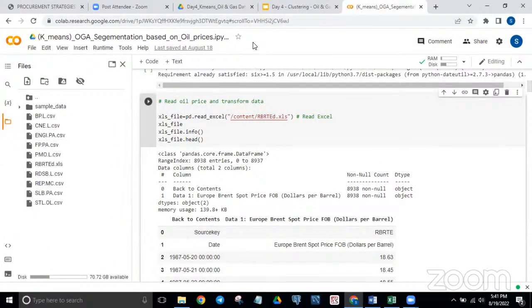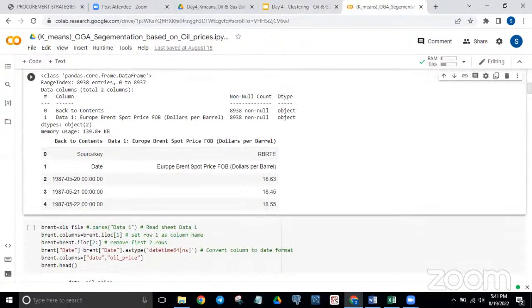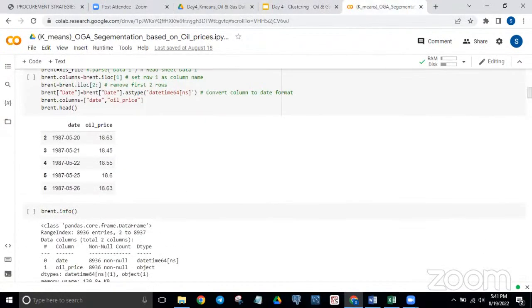We can see there are a number of files from different companies. One file here represents the oil prices. The remaining files are all related to different companies. So we can look into the data.